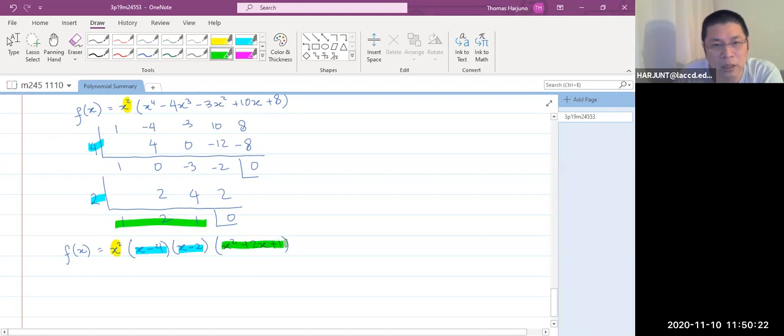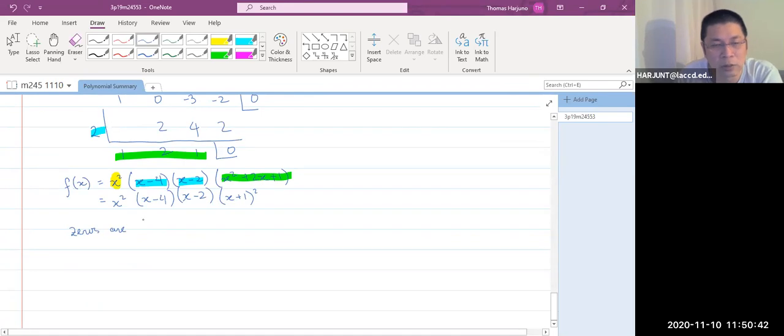But that thing is factorable. So x squared, x minus 4, x minus 2, x plus 1 squared. To summarize, the zeros are x equals 0 with multiplicity of 2, x equals -1 also multiplicity of 2, x equals 4, x equals 2, both with multiplicity of 1.